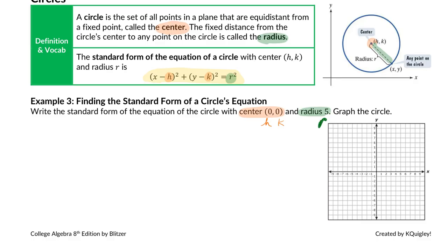When we write the equation of the circle, all we have to do is substitute those values into their placement in the equation. So if we're doing that, it would look something like this. We would do x minus h, close parentheses, squared, plus y minus k, close parentheses, squared, equal to r squared.